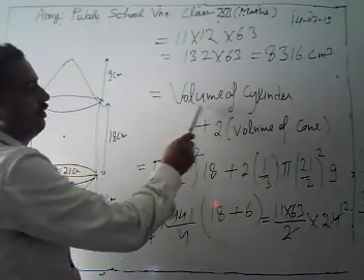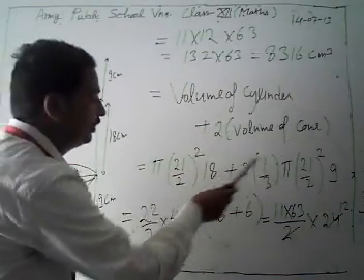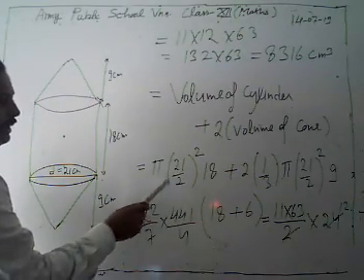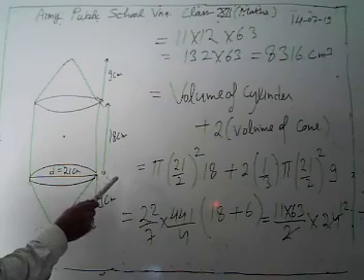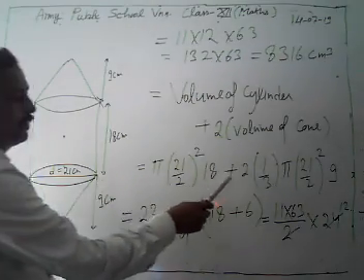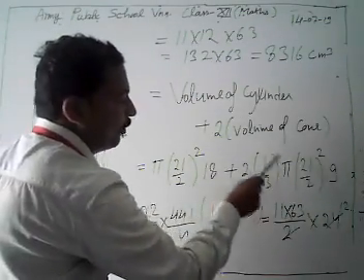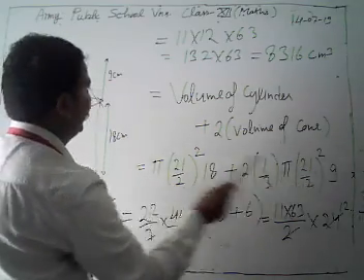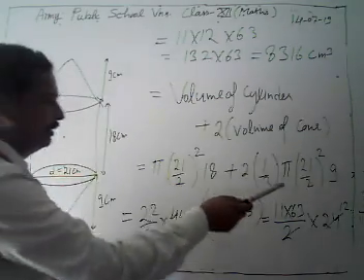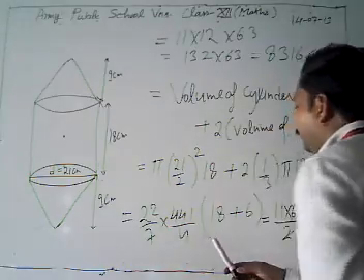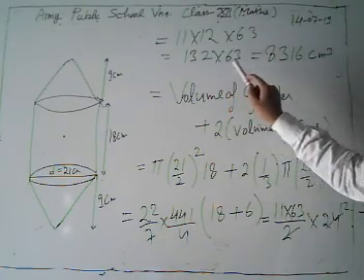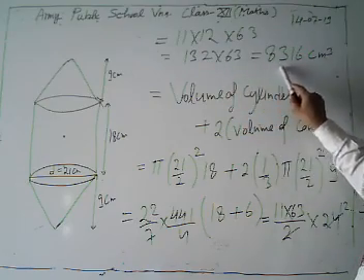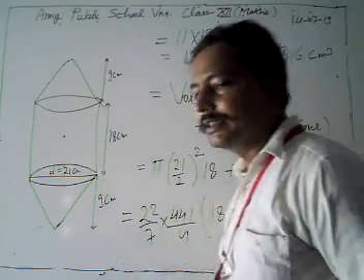Capacity of tank is volume of cylinder plus 2 times volume of cone. Pi r square h, where r, the radius, is 21 by 2, h is height of cylinder 18, plus 2 times volume of cone, 1 by 3 pi r square h. Height of cone is 9. Then put in the values and after solving we get the capacity of this petrol tank as 8,316 centimeter cube.